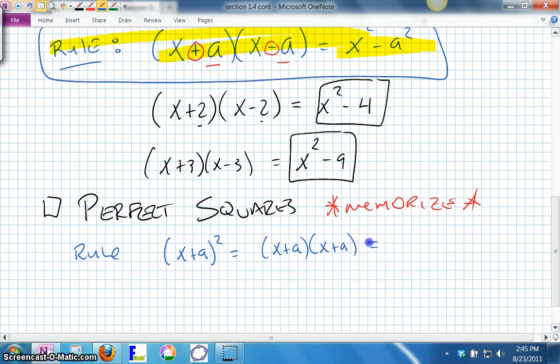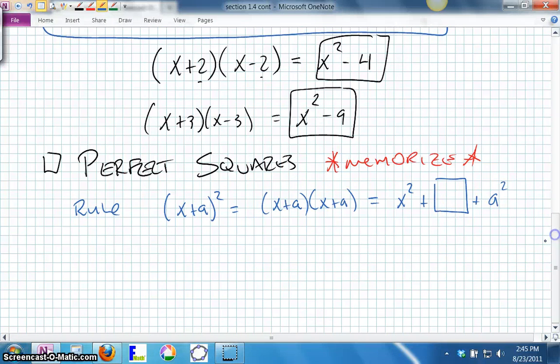So in the end, when you use that, you get x squared plus something, and this is the piece that everybody forgets, plus a squared. And the piece that everybody forgets in the middle is 2xa, so don't forget this one. That's the piece that everybody always leaves out.